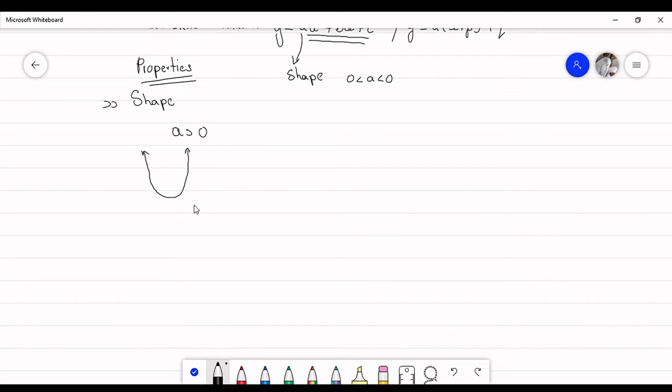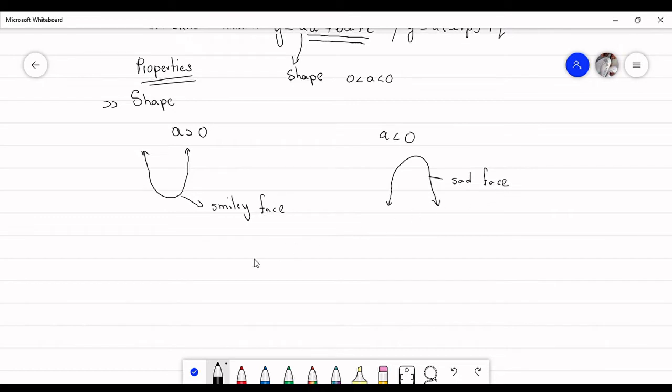When it looks like this, we usually say it has a smiley face. And if a is less than 0, then the shape of our function will look like this, and we usually say it's a sad face.